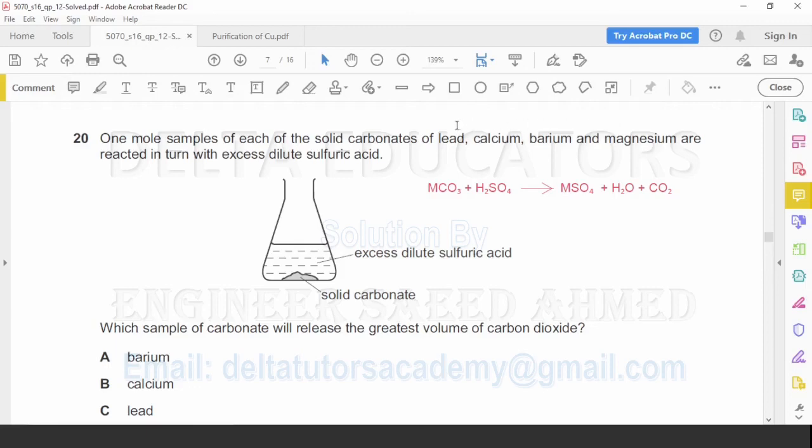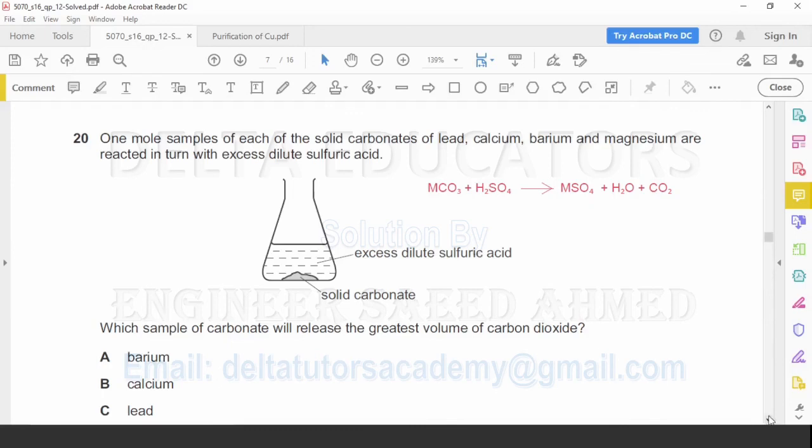If we compare lead sulfate, calcium sulfate, barium sulfate and magnesium sulfate, magnesium sulfate is more soluble. So the tendency of completion of reaction is more than the other sulfates. In the case of magnesium sulfate, we will get more carbon dioxide gas. So the volume of carbon dioxide will be more when we react magnesium carbonate with dilute sulfuric acid.